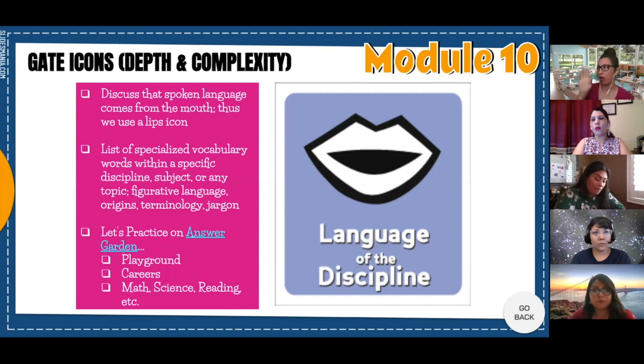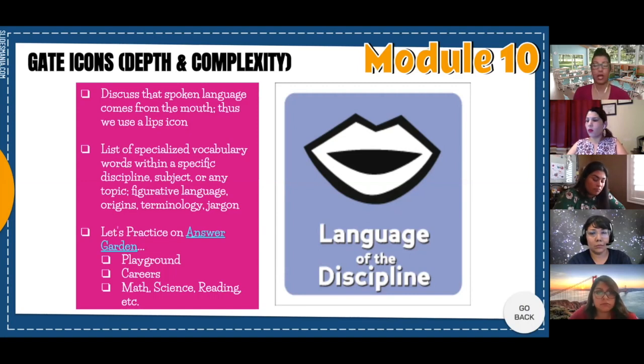And I want you guys to use this language of the discipline. It could be for basic terms, but we don't want it to stop at just basic terminology for a certain topic that you're teaching. We want it to be stretched to show specific things that somebody in the healthcare system would probably use more so than just the general person, okay?